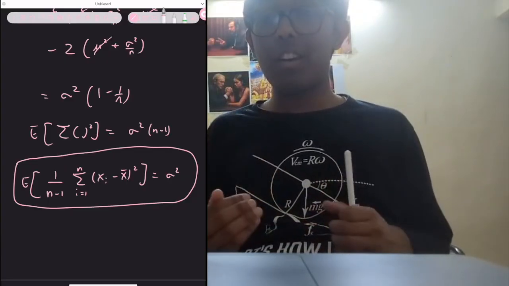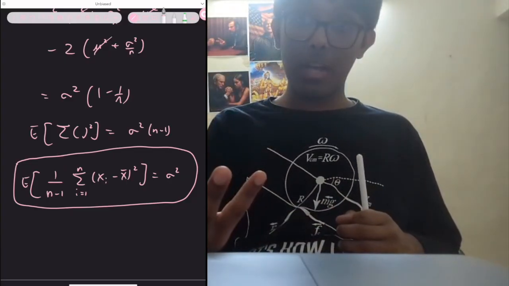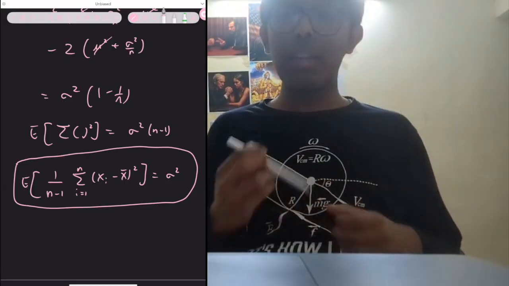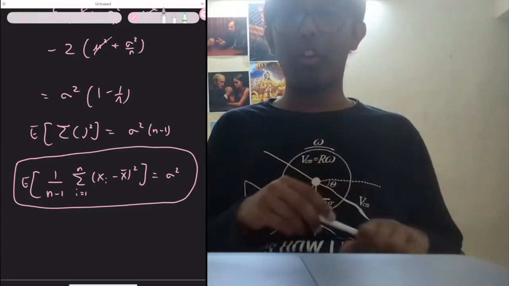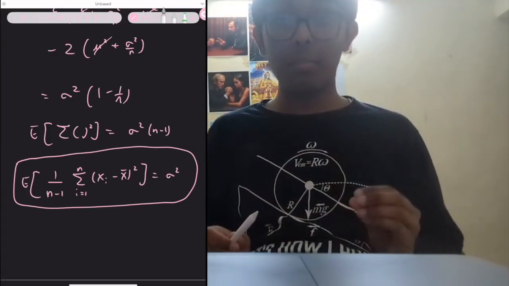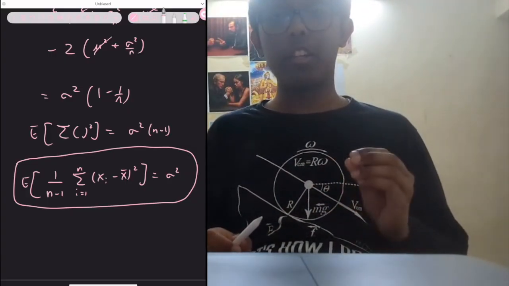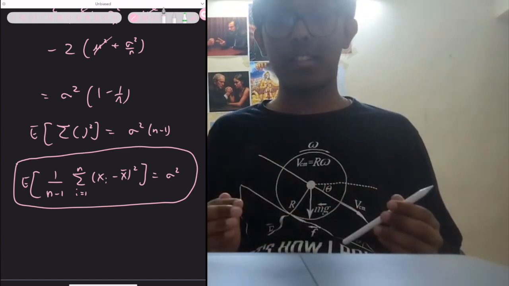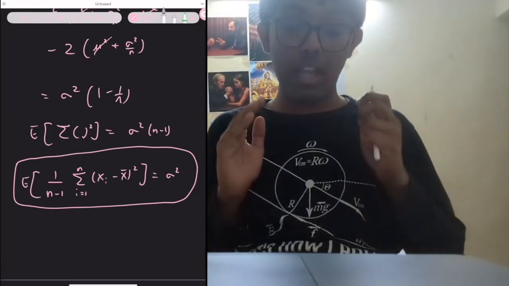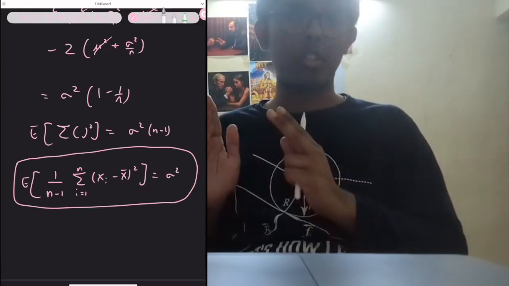Well, I think I've talked about MLEs before with you guys, and the MLE estimator of sigma square uses 1 by n. So if you want an unbiased estimator of your sample variance, you need to use 1 by n minus 1, and if you want a maximum likelihood estimator, you're supposed to use 1 by n for your estimate of the variance.